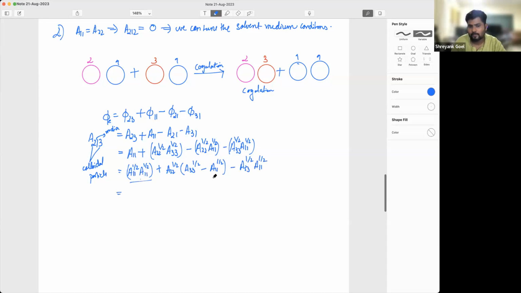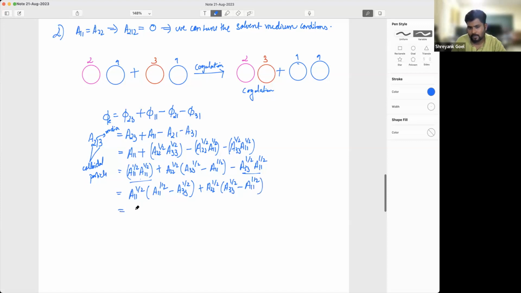If I take this one and this term, A11 to the power half, and I take A11 to the power half minus A33 to the power half plus A22 to the power half, A11 to the power half.